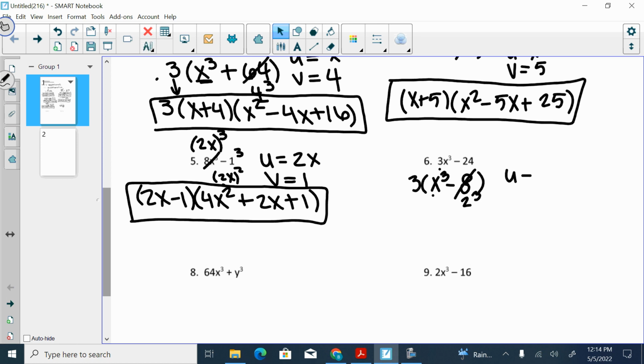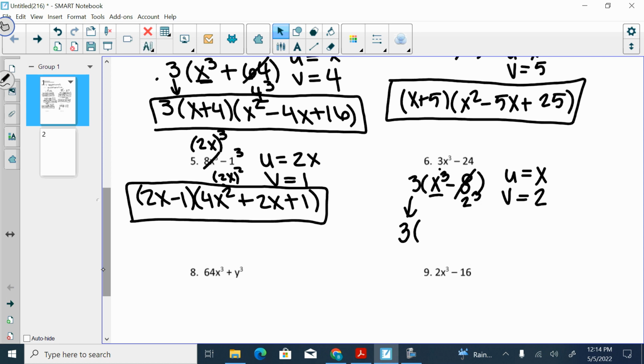So then what is my u? X, very good. And what's my v? Very good. Okay, and then remember, because we had that GCF of 3, we're going to bring that down out in front. And which formula are we going to use this time? The bottom one.